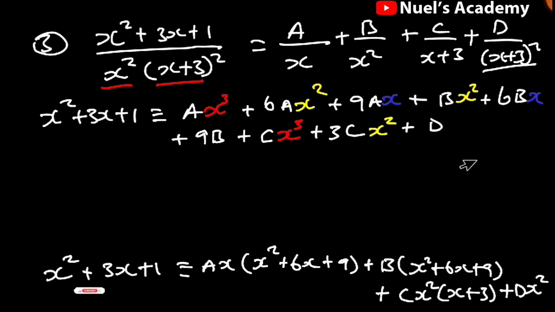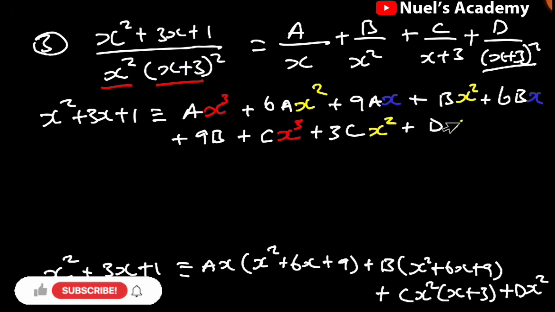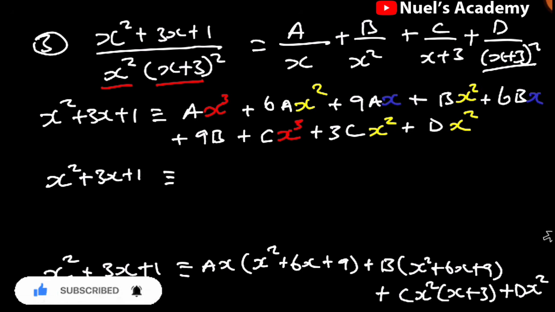I have Dx squared. So we have x squared plus 3x plus 1 is equivalent to, so let's collect like terms.